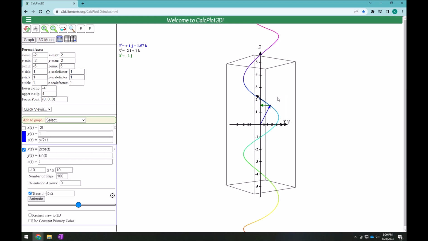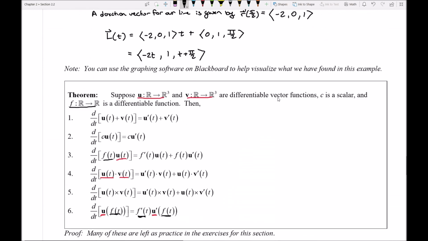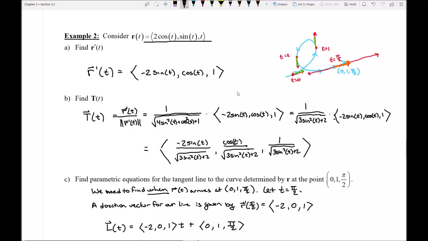But that's actually not surprising, because if you go back and look at what we calculated on that last question for the norm of my r of t, you will see that we didn't get something constant. If I scroll back up to look at that, on the last example we calculated over here, this r of t would be equal to this.